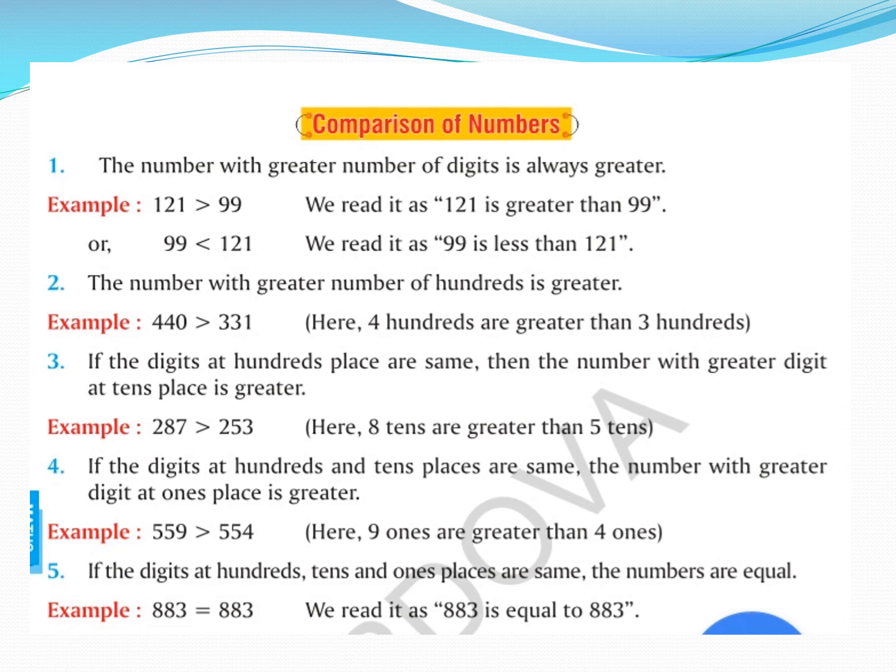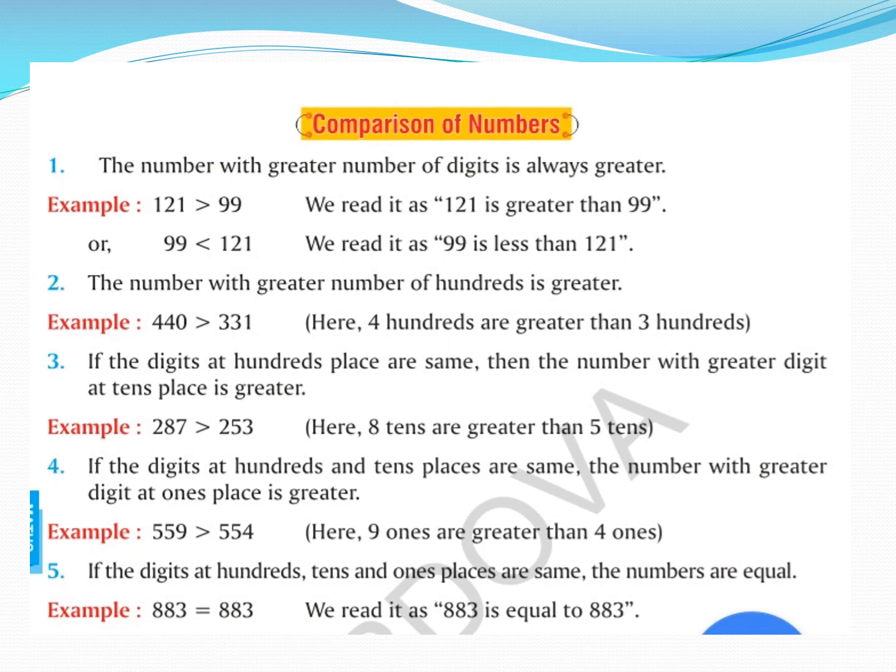Okay, if the digits at the hundreds place and tens places are same, the number with greater digit at ones place is greater. To understand this, take an example: 559 is greater than 554. So here 9 ones are greater than 4 ones.